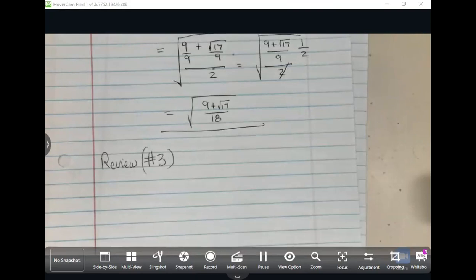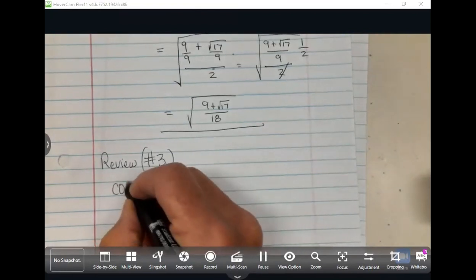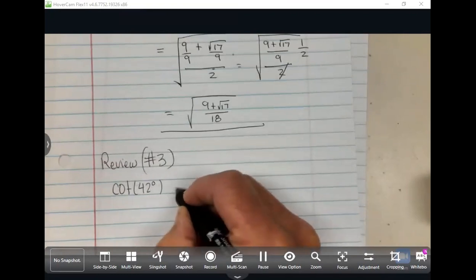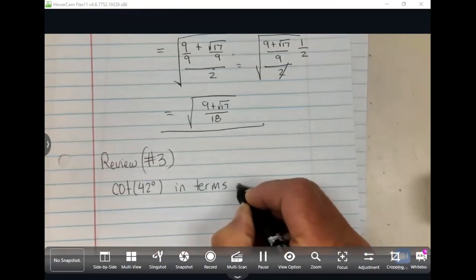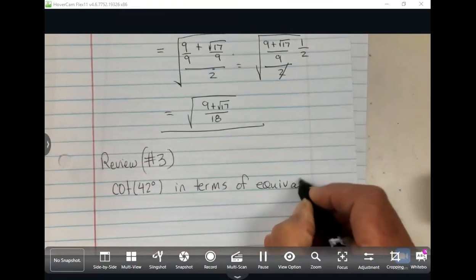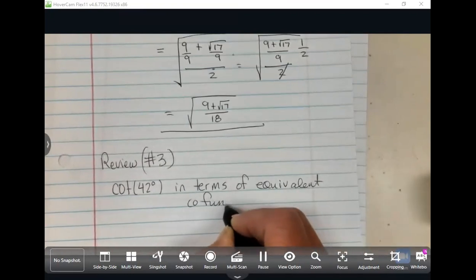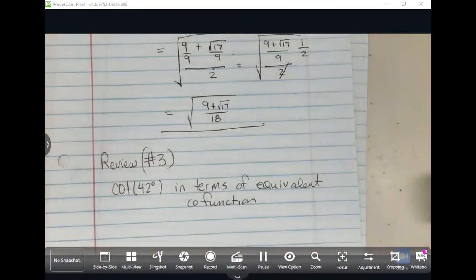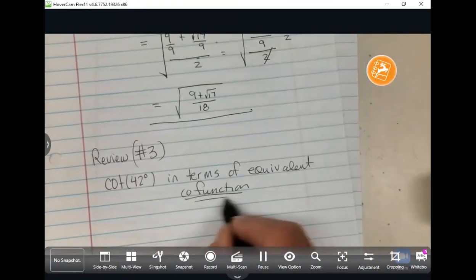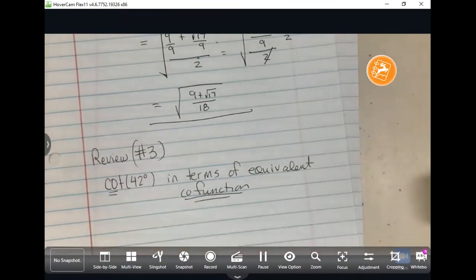Cotangent of 42 in terms of an equivalent cofunction. So our cofunction identity tells you what it's a cofunction of. Functions are cofunctions of each other if they take on the same value 90 degrees away.